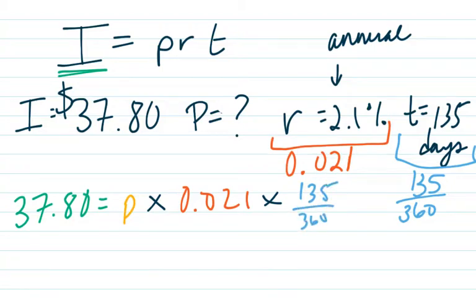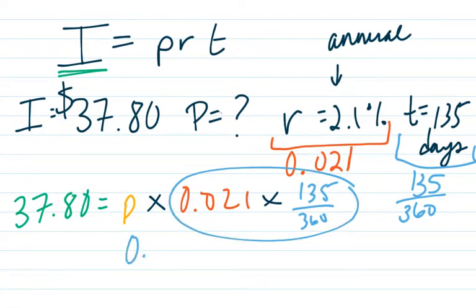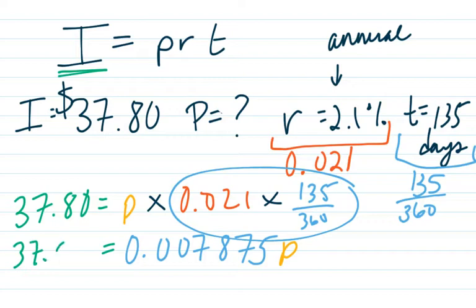We're going to multiply these two values first, and we get 0.00787. It does continue on, but we can round it off there. The last digit I can add in is a 5, so that would technically round up, but we'll leave it at that. Times my principal, which is unknown, is equal to our interest, $37.80.